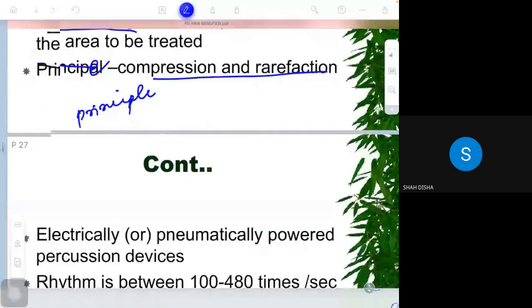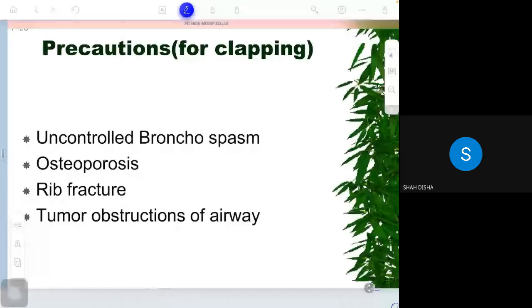And precautions. Like shaking, clapping can also develop bronchospasm. And in osteoporosis it is contraindicated. In osteoporosis the bone will be weak, the rib cage will be weak, and if you give clapping, there may be a possibility of rib fracture.